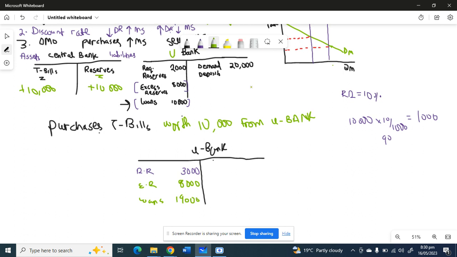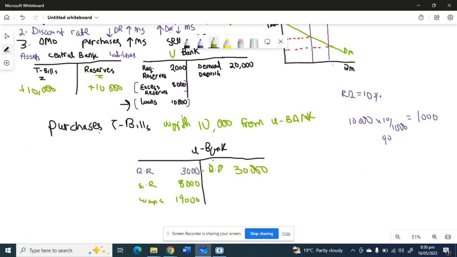All right. Then on our demand deposit side, remember this is the money which people have in the bank, and it's also part of the M1 money supply. So this 20,000, we're just going to add 10,000, and it's going to be 30,000 here. And deposit.